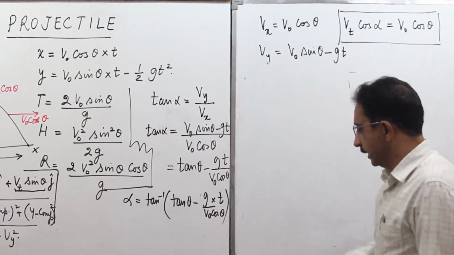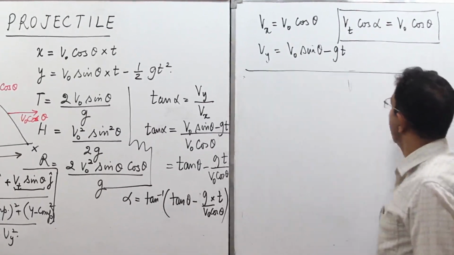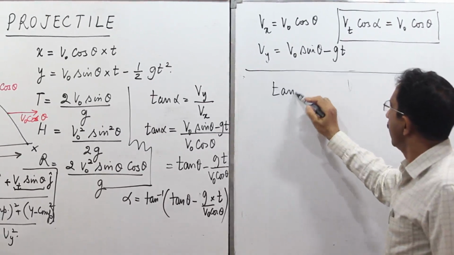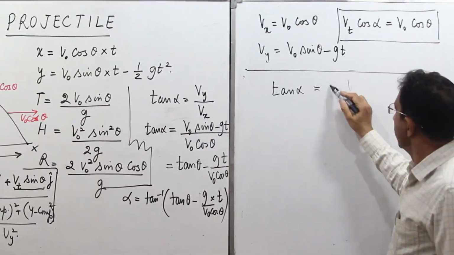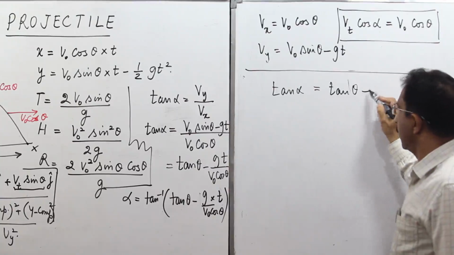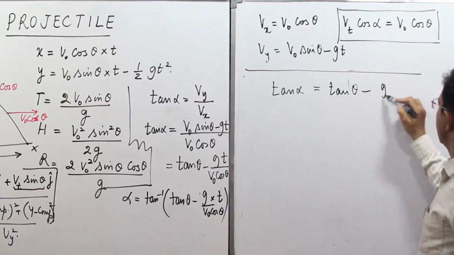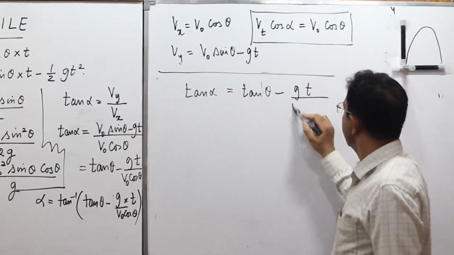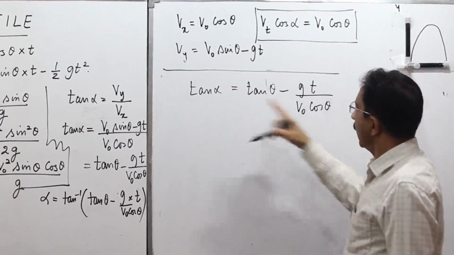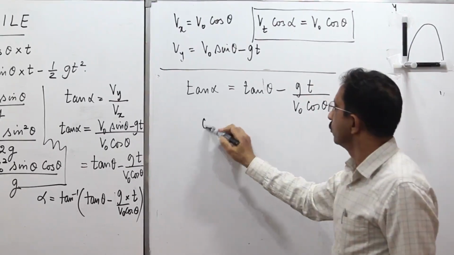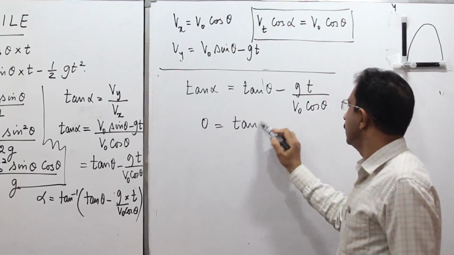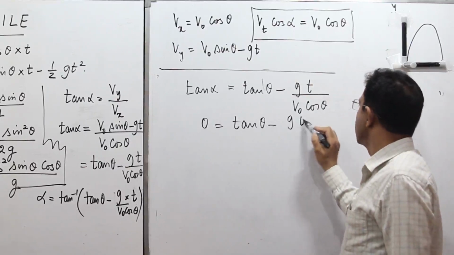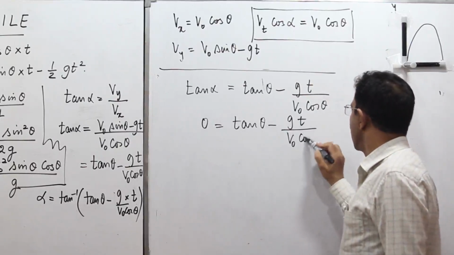So let me substitute tan alpha equal to 0. I have tan alpha equal to tan theta minus gt divided by v0 cos theta. I am substituting tan alpha equal to 0, so 0 is equal to tan theta minus gt divided by v0 cos theta.